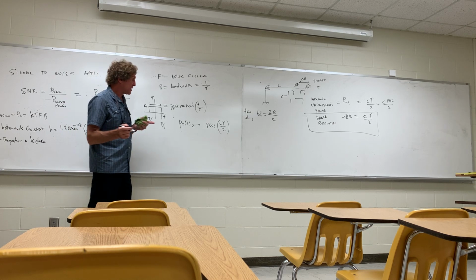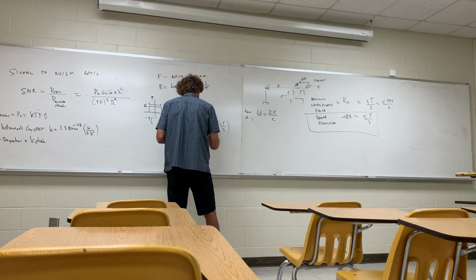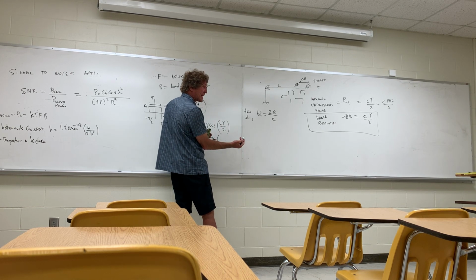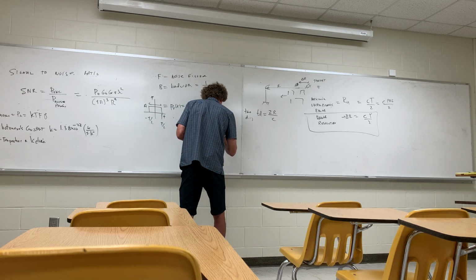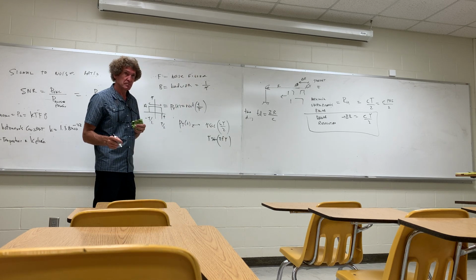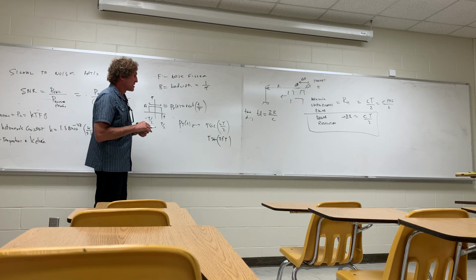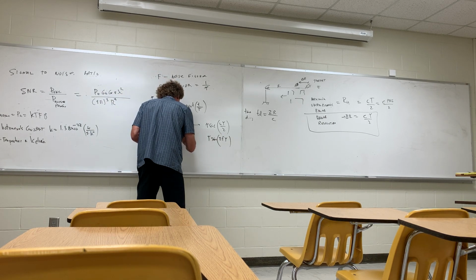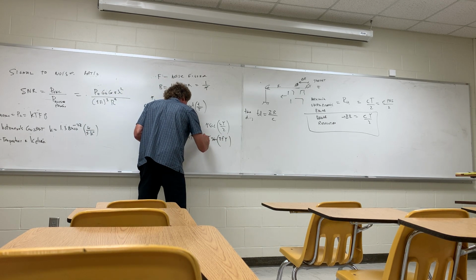Well, that's tau times the sinc function. Omega is 2 pi f, so omega tau over 2 is simply pi f tau. Y'all follow me? So this would be the transform: p tau of t goes to this.